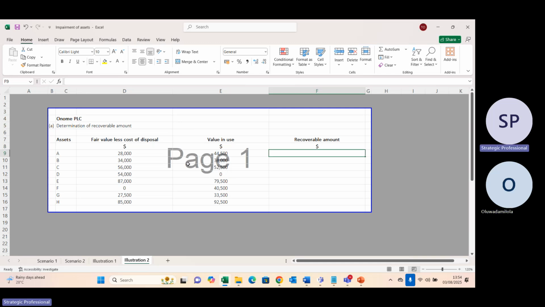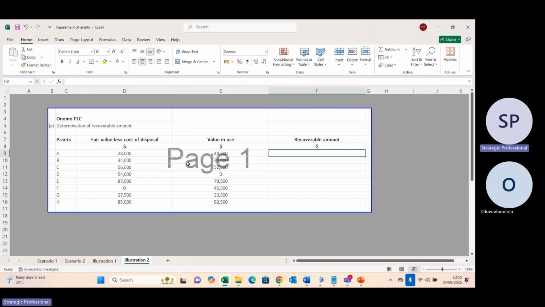Okay, I agree with you. Recoverable amount is the amount that an entity or a company will recover or realize from an asset, either from the sale or from using it continuously in the future. So it's either from sale or continuous usage.